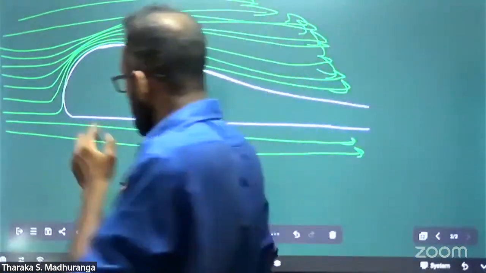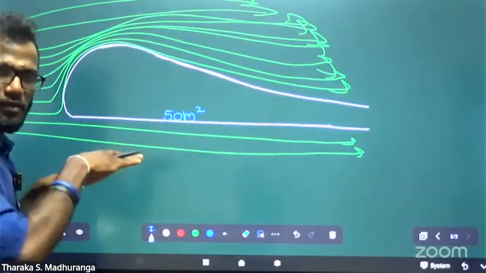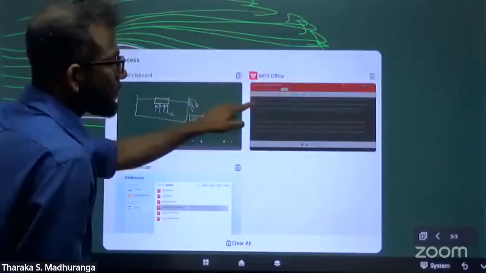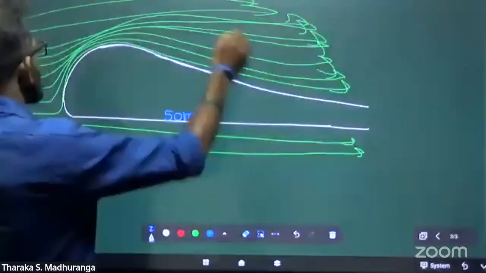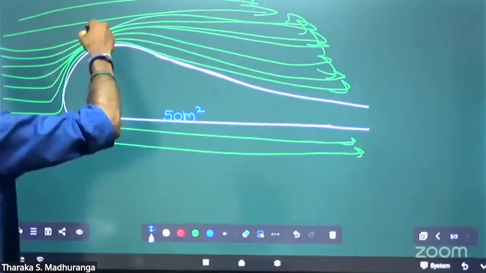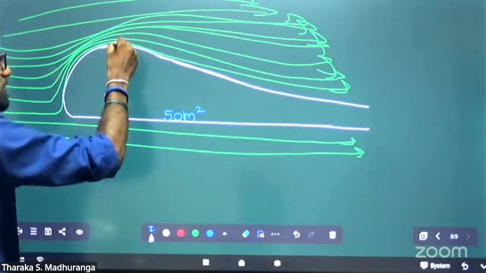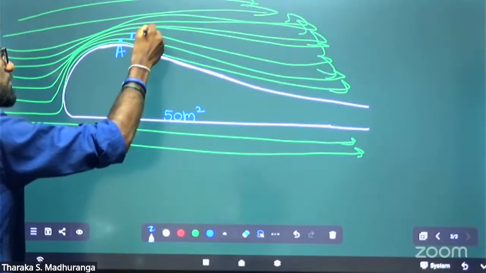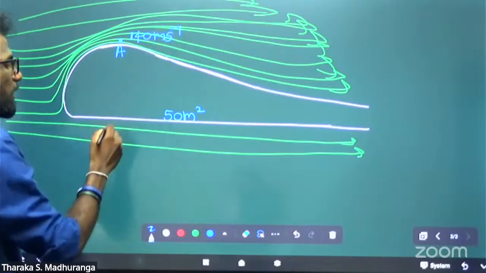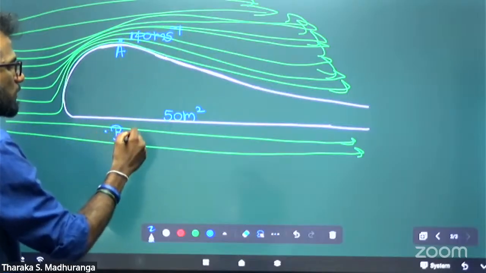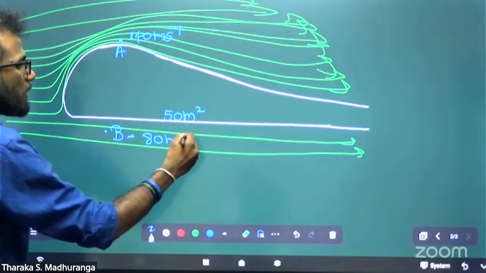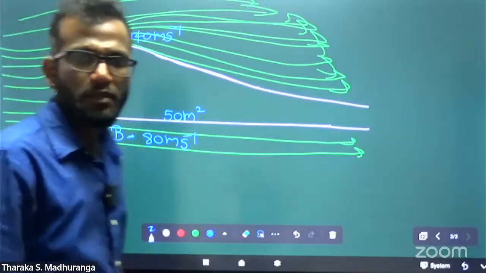The upper side speed is 140. At any point in the upper side the air speed is 140 meters per second, and the lower side it is 80 meters per second.